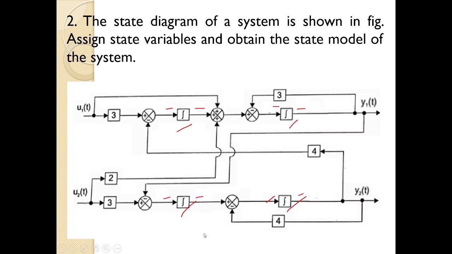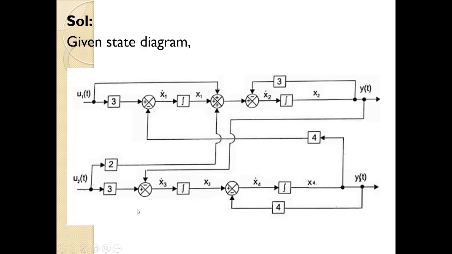Okay, so assume state variables at the output terminals. So the state variables are x1, x2, x3 and x4. These are the state variables.